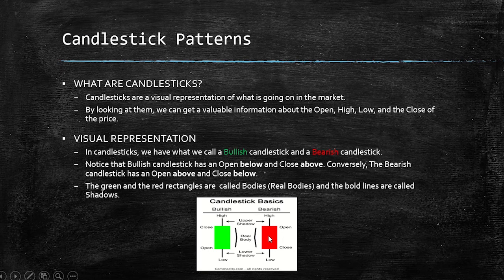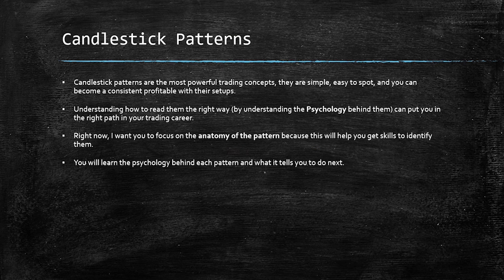This green and this red are what we call real bodies, and these lines here are what we call shadows, or others call them wicks. At the low we call it the lower shadow, and at the high we call it the upper shadow. And this is our high, this is our low. So let's move on to the next slide.